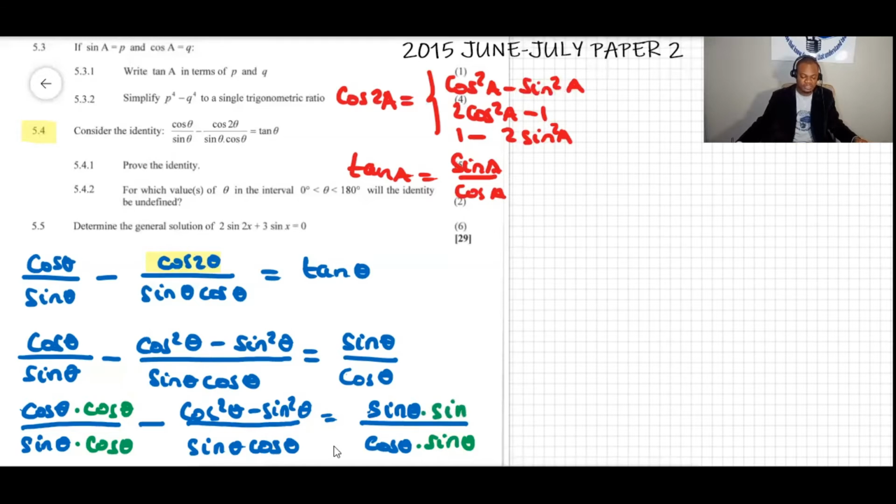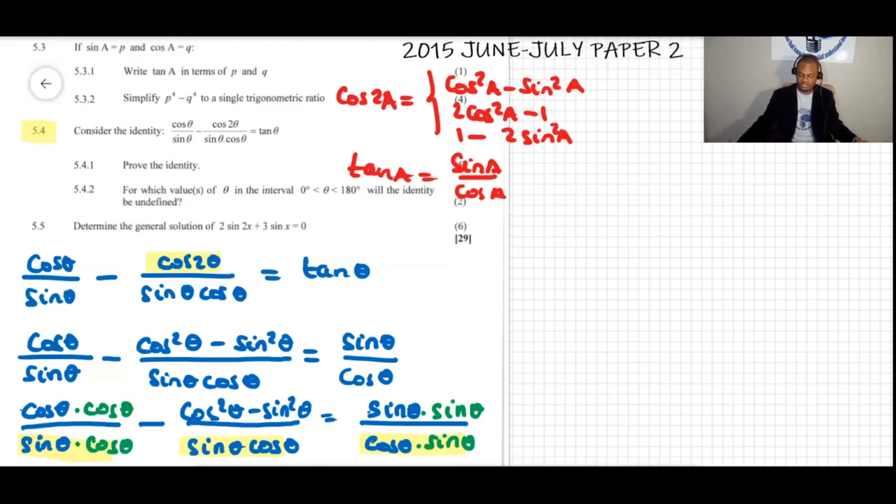Then we have a common denominator. Because of that, we could drop the denominator from here, but I prefer to do it after.